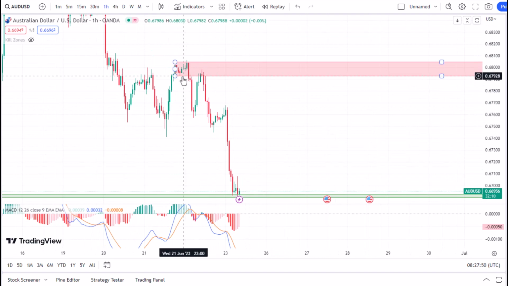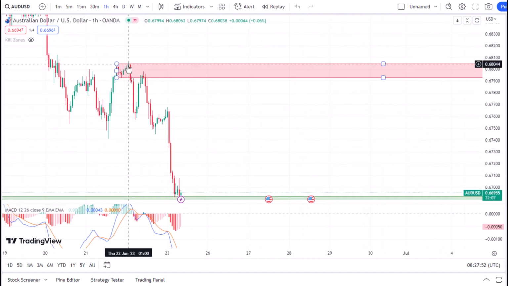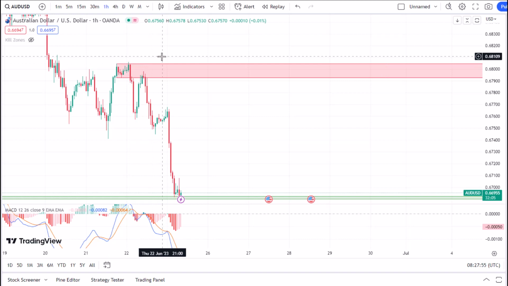And this red zone is because we have two equal highs above here and they have a lot of liquidity, and at the same time they have a lot of power of resistance below them.